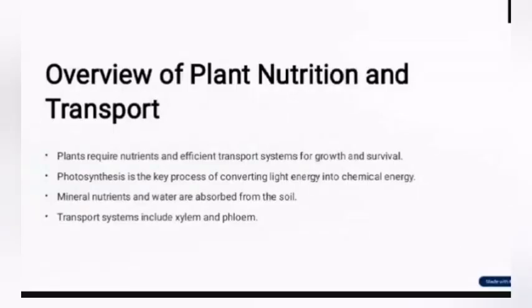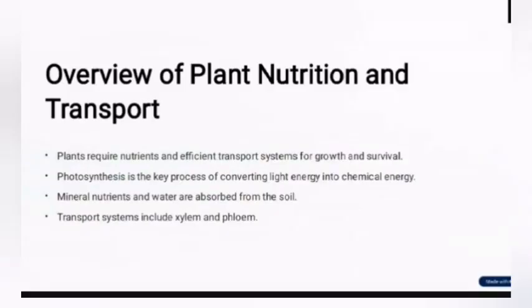Then you open your bracket and write carbohydrate slash glucose, close your bracket. In the presence, okay, utilizing atmospheric carbon dioxide, or you can remove atmospheric.